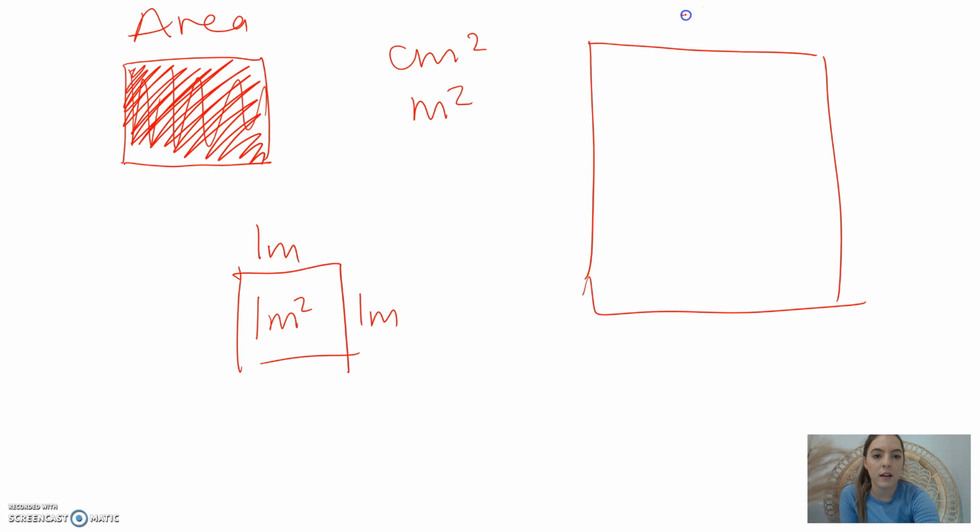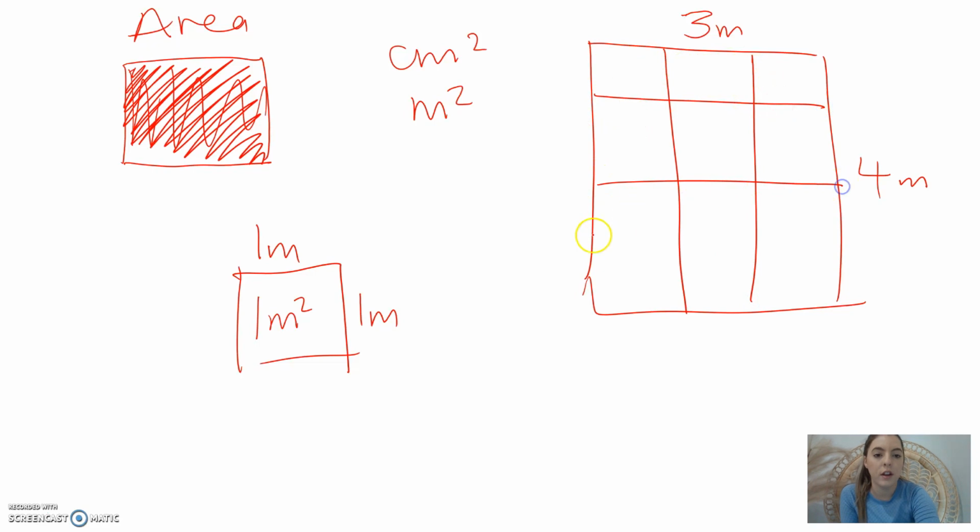And if we had 3 and 4 metres, so I've ruled this into a grid, I've got 3 along that side and I've got 4 down this side. This means that's 1 metre, 1 metre, 1 metre. This is 1 metre, 1 metre, 1 metre, 1 metre.